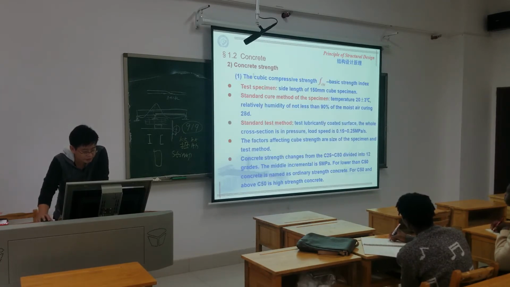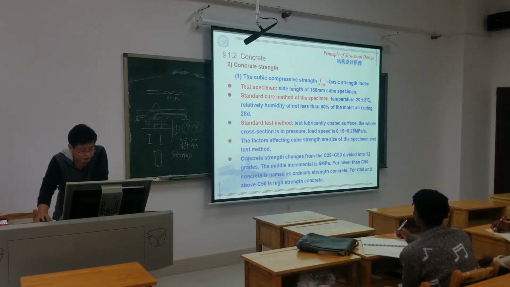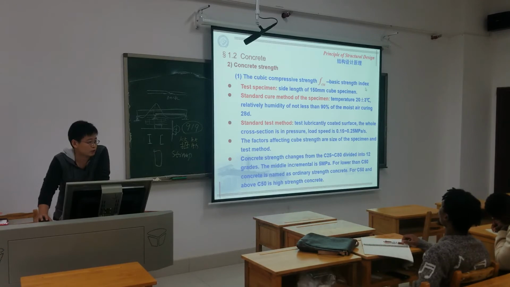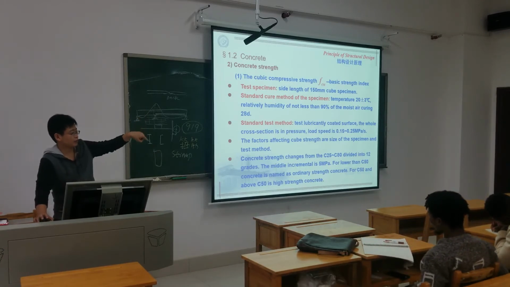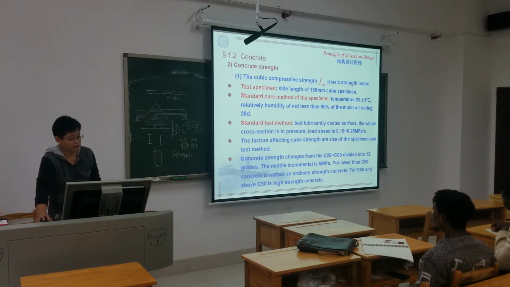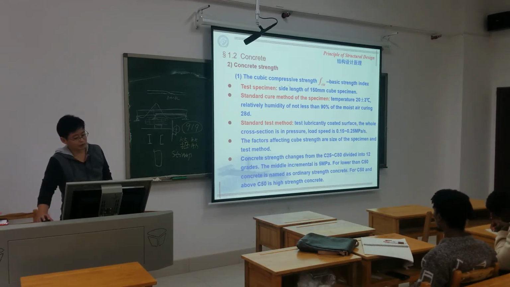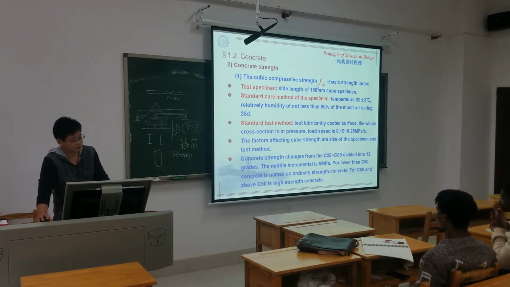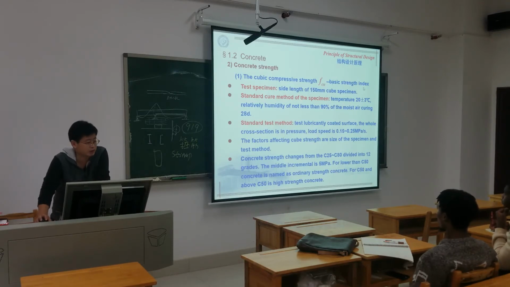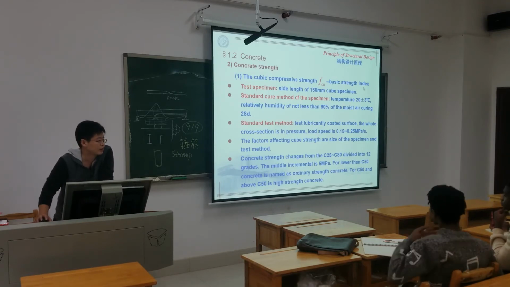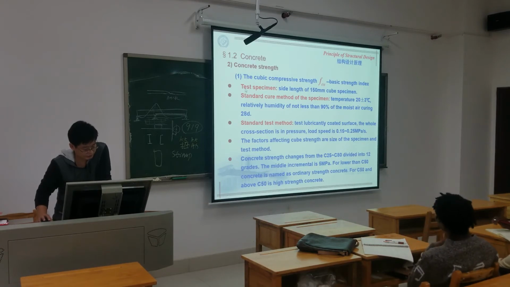We see the cubic compressive strength, f_cu. This is the basic strength index, so we see C40, C50, something like this. That's f_cu, the cubic compressive strength.